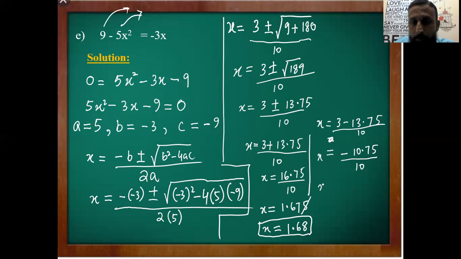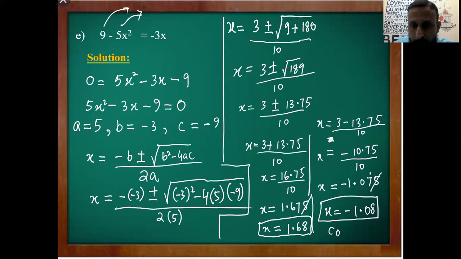So x is found to be 1.075. What we need to do is correct it to two decimal places. So this becomes x equals negative 1.08. Again, this has been corrected to two decimal places.